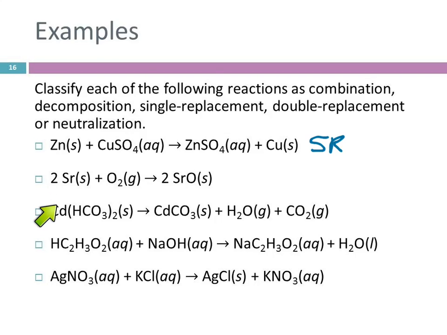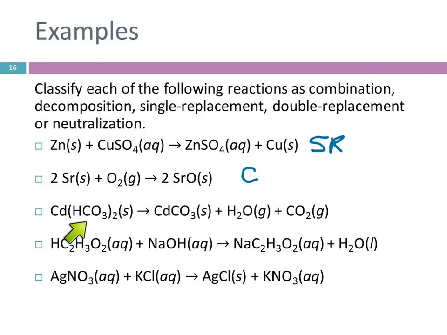The second one, 2Sr plus O2 gives 2SrO. Combination. We only have one product. We have two things combining into one. So that's combination. I'll write that C. How about this next one?